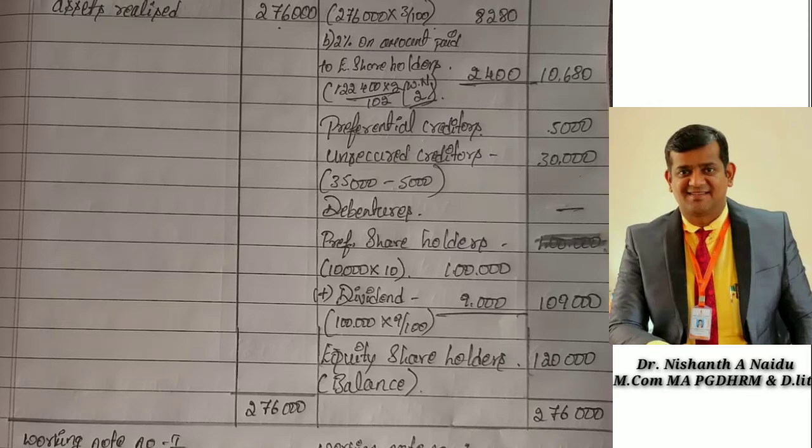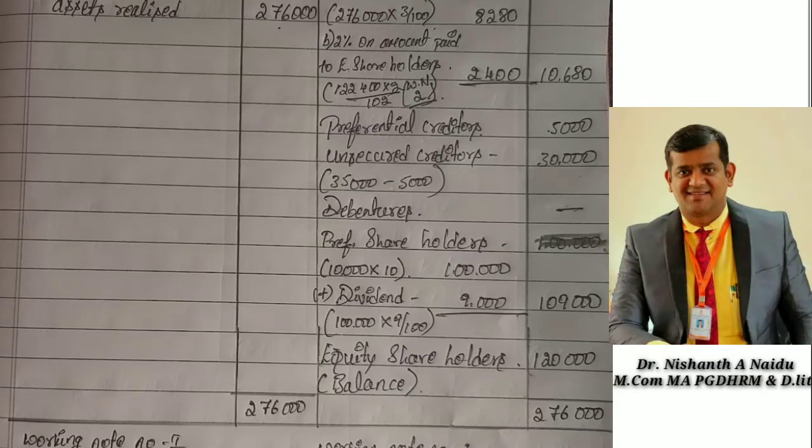If it had been in excess, we would have distributed more. If it had been less, we would have distributed less.